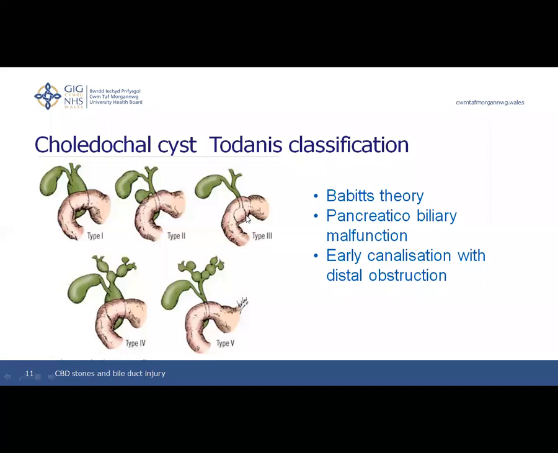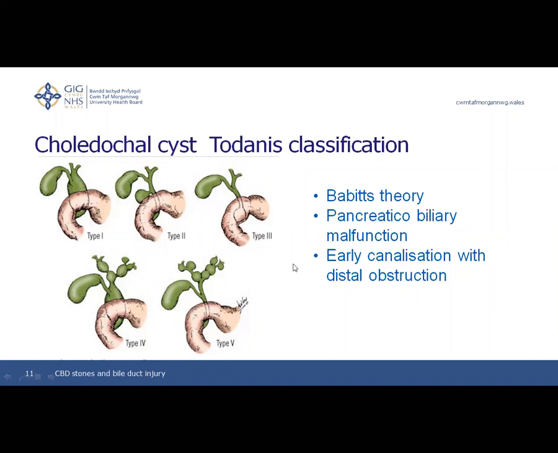It's otherwise called choledochocele, where the dilatation happens at the junction between the common bile duct and the second part of the duodenum. Type 4 has 2 types, A and B, whether it's intrahepatic and extrahepatic dilatation, or just extrahepatic dilatation of the common bile duct. And the intrahepatic dilatation is called Caroli's disease.